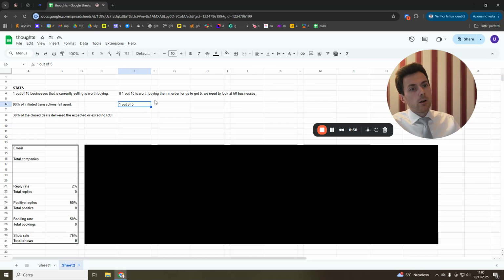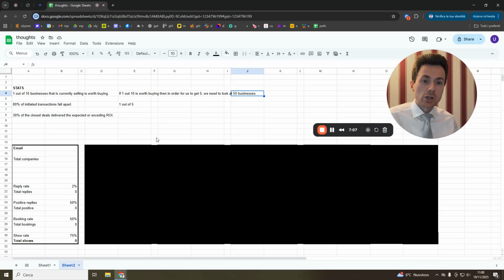So we want to close 1 deal, and we need to initiate at least 5 transactions in order to get to that closed transaction. In order to initiate these 5 good deals, we need to look at at least 50 transactions. Now, how can we accomplish that goal if we're sourcing deals off market?